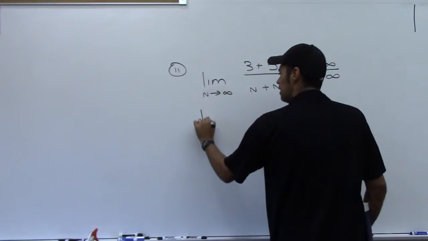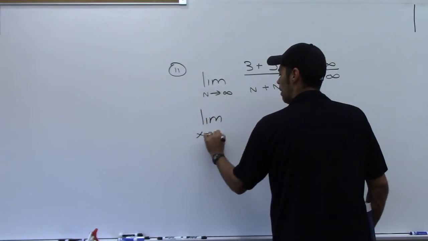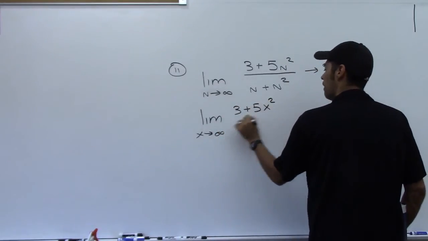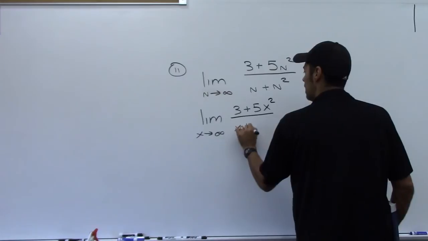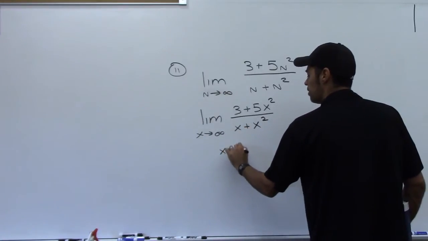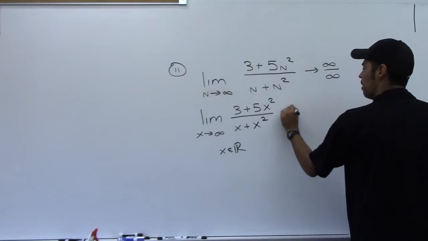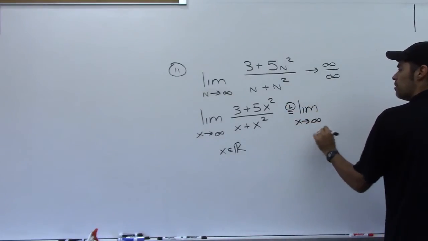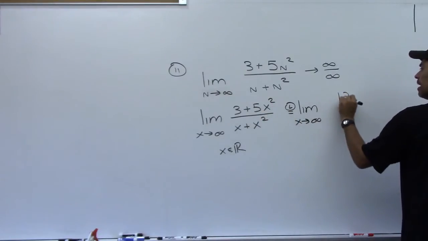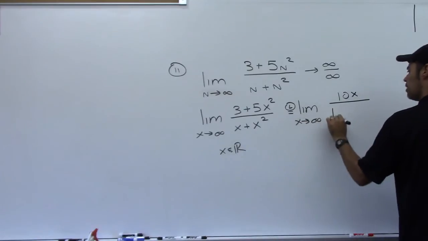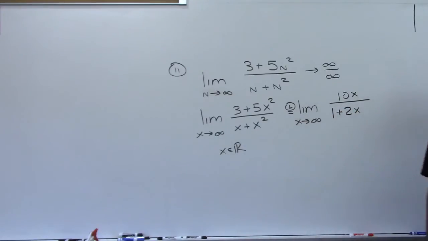So I'm going to rewrite it, replacing all of the n's with x's, and treating this as a function of x, where x is in the real numbers. And then I can apply L'Hopital's rule. Derivative of the top, 10x. Derivative of the bottom, 1 plus 2x.